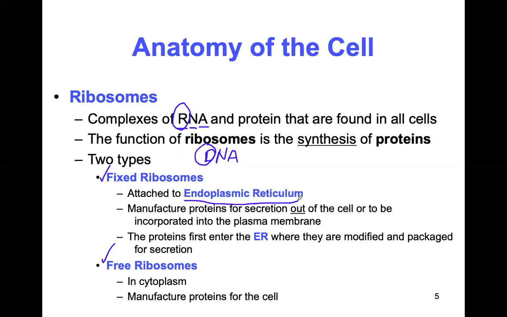Remember, I showed you that vessel, and we said it can move towards the cell membrane, open up and become part of the cell membrane, or it can open up and release its contents to outside of the cell, which is called exocytosis. So the fixed ribosomes can make proteins for secretion outside of the cell, that's exocytosis, especially if it's pushing out a neurotransmitter or an enzyme or a hormone, or it can be incorporated into the plasma membrane if it's just recycling the proteins.